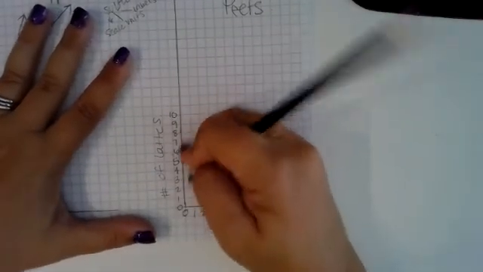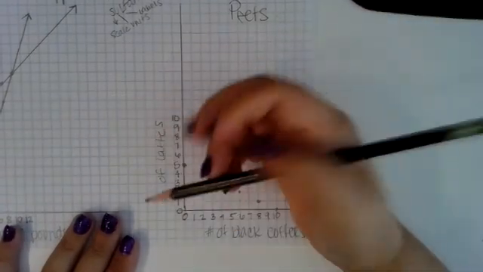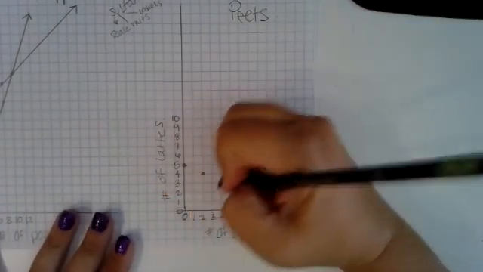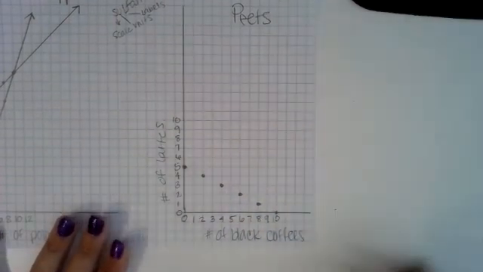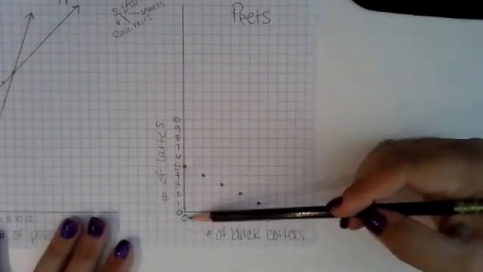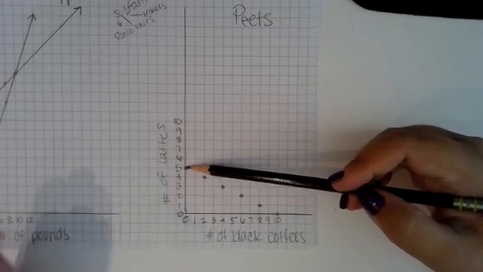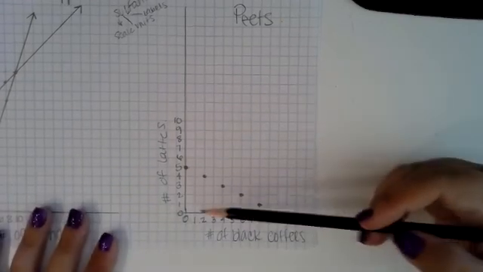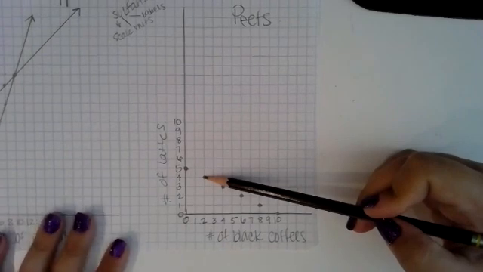So the only combos that could be purchased are the combos that are represented here with these points on this graph, meaning I get no black coffees, I'm buying myself 5 lattes. That's probably what's actually happening. I buy my husband 2 black coffees, I can get 4 lattes.